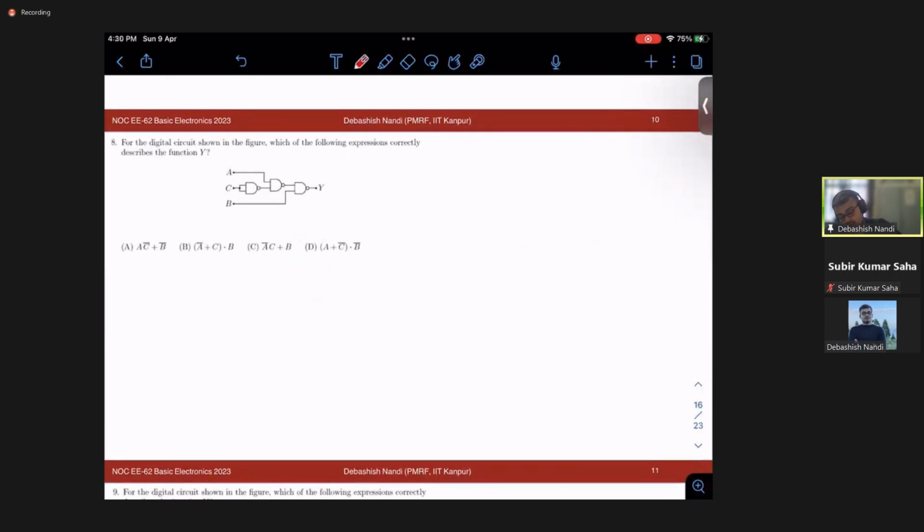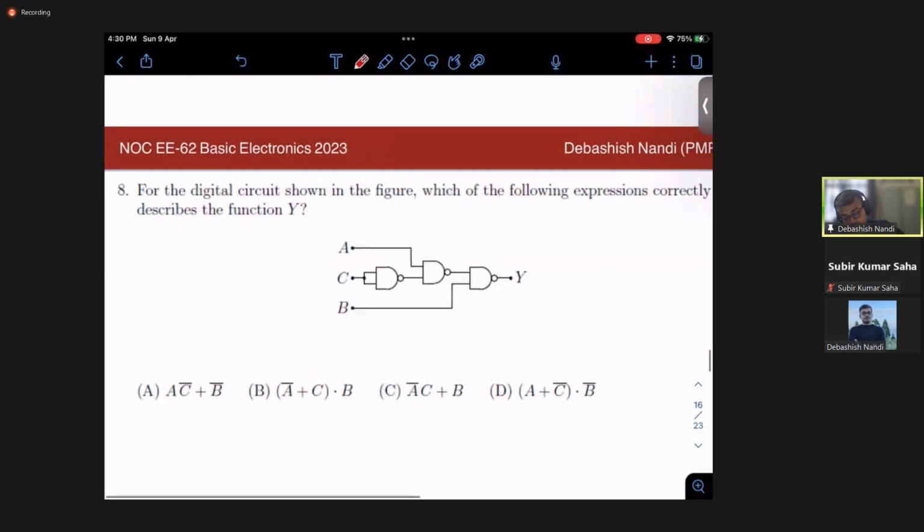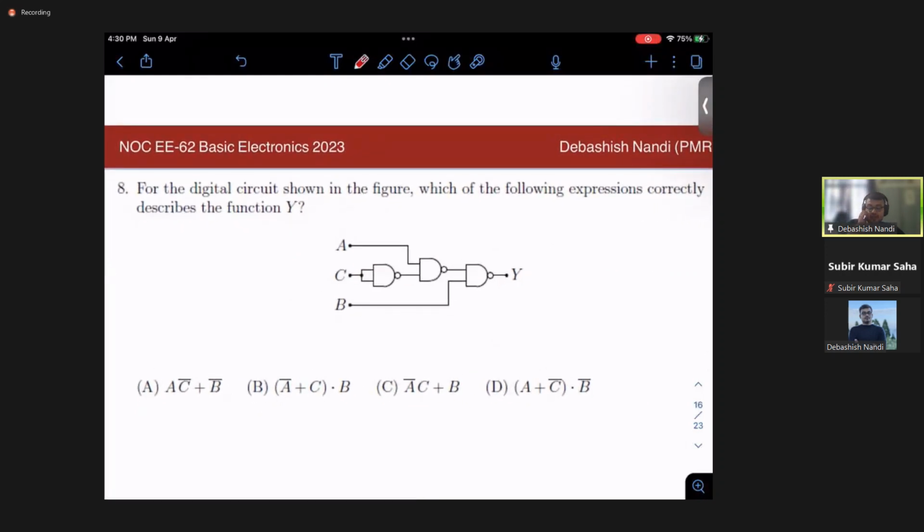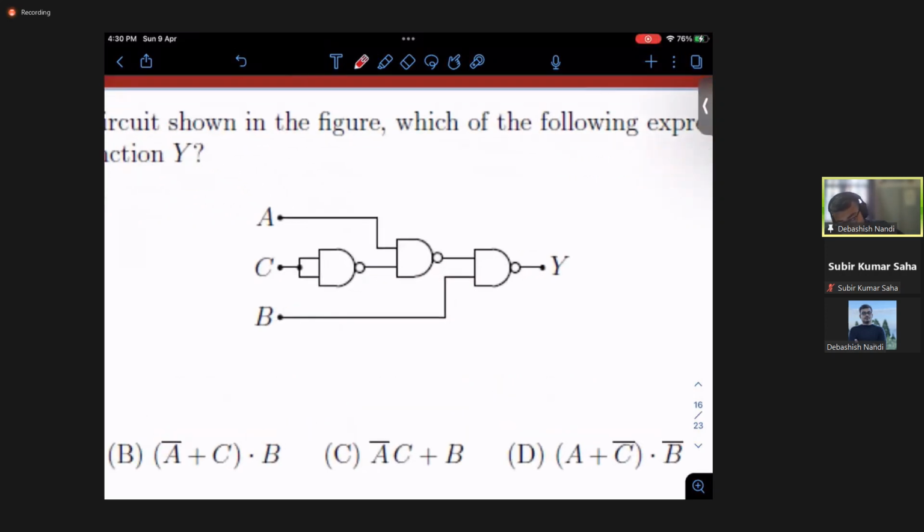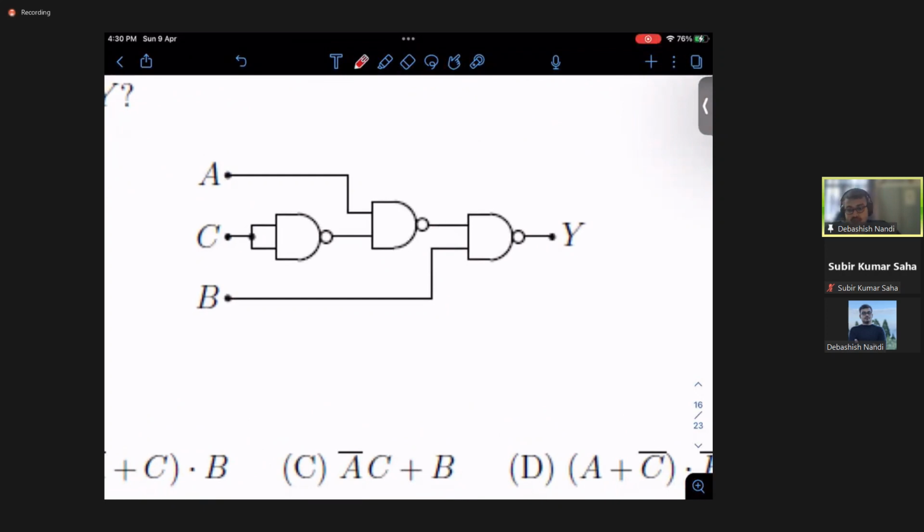Okay. So let me zoom it up. For the digital circuit shown in the figure, which of the following expressions correctly describes the function y? Okay. So this is pretty simple. What you need to do first is see what is the input of each gate, right? Here you can see the input is nothing but C. So the AND will be C and the NOT will remain C bar.